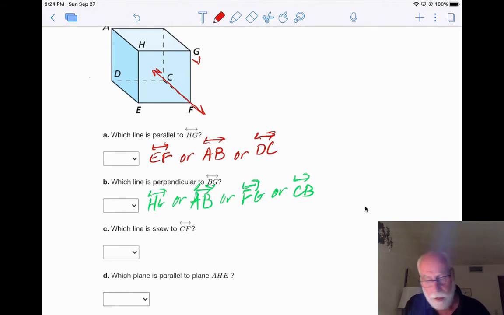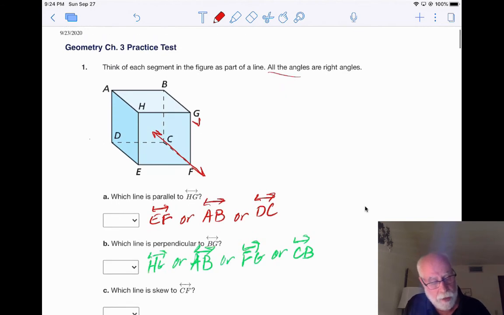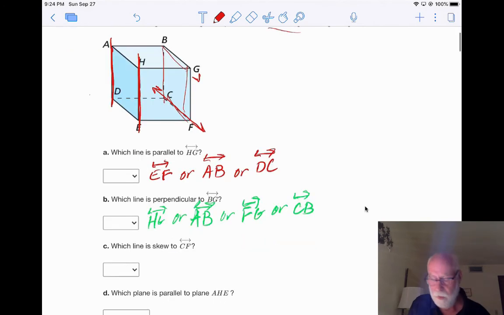So if we look at here, ones that would be here, because they can't intersect either, you can see we have HE there, or AD, because again, CF would be on this plane right here, so we know that it's not going to, so they can be skew. So we're going to say line AD, or line HE. Okay.